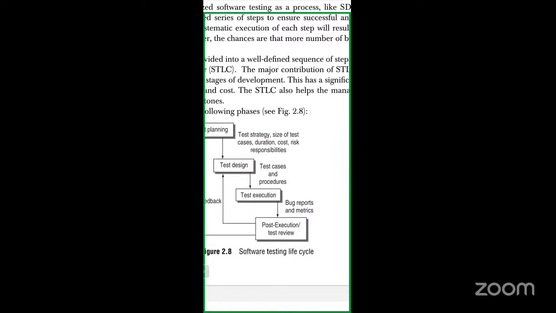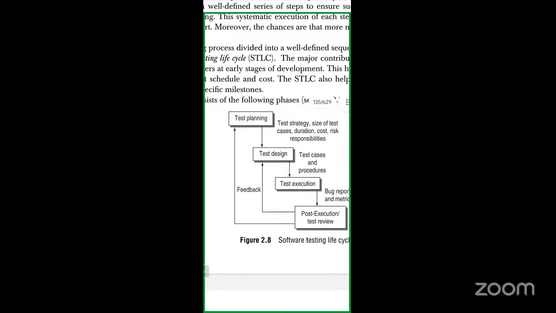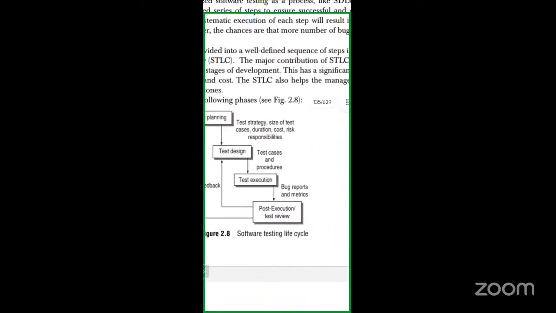Post execution, if you get any kind of errors, mistakes, or bugs, the feedback is taken from the customers or stakeholders, and again the process goes to the design phase, that is test design, where our test cases and procedures are followed, then execution, and again bug reporting and bug metrics. Finally we go for the review, that is how it is functioning, how it is giving the results, and how it is showing better performance in the market.